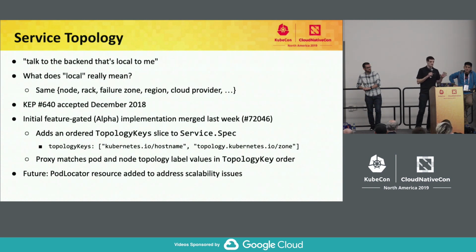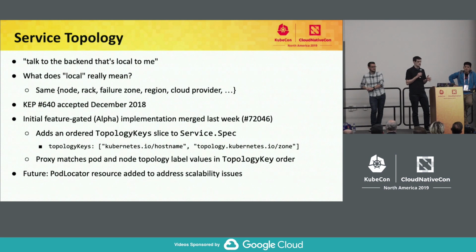So that's very basic, but obviously it doesn't address some of the needs that other contributors had for locality and service topology. So the KEP adds topology keys to services. And each of these keys are fairly well-defined. And there's only a couple right now. But I expect there will be more added in the future as we have better ideas of exactly what topology means in different cases.